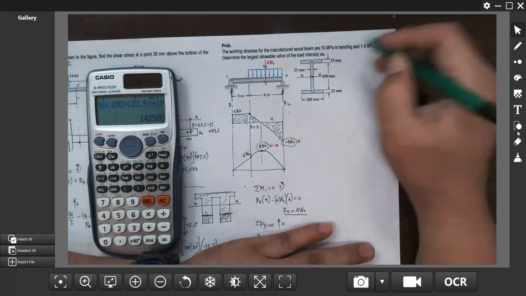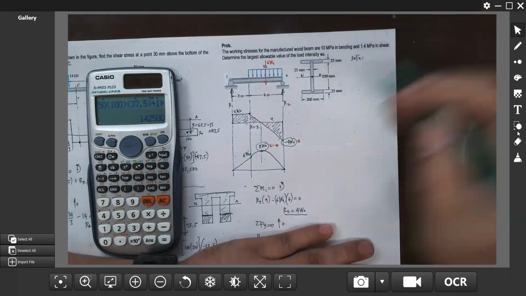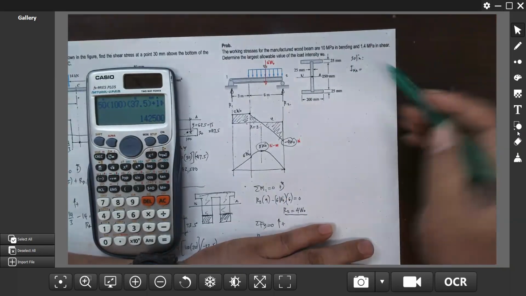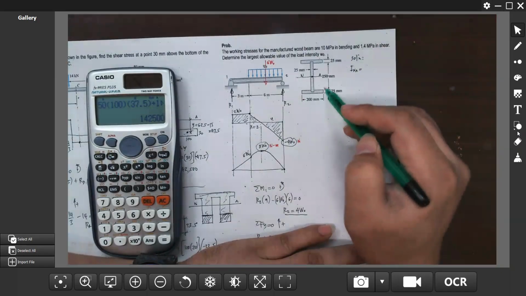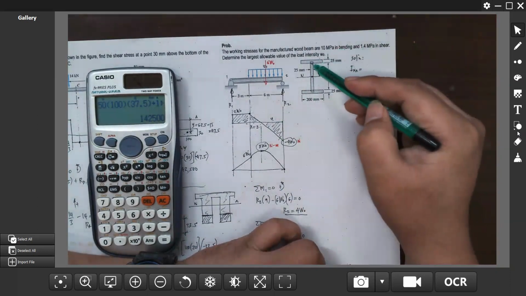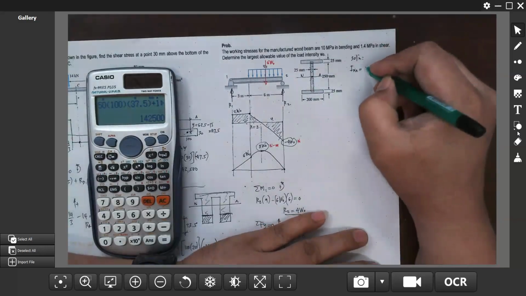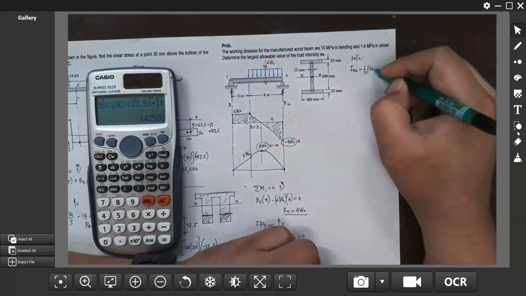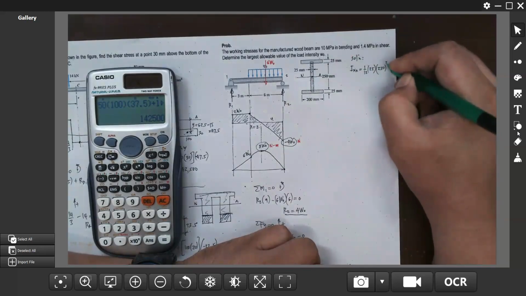Solution 1. I will share two ways of solving for I. First solution is the parallel axis theorem. There are three elements: the web and the two flanges. Start with this one. Its centroidal is 1/12, base is 25, and height is 250 cubed.